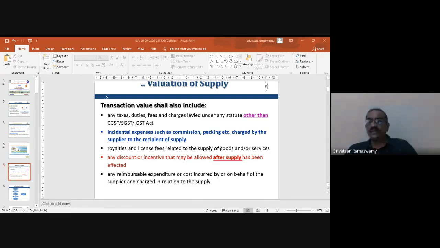Okay, the question is, does he have to pay GST on 1 lakh after supply? Yes, this is exactly what I explained in the three situations. When the amount of discount is known prior to supply, 1 lakh rupees is the cost of supply. I extend him a 10% discount before the supply is effected. In that situation, the tax will have to be paid only on 90,000 rupees, not on 1 lakh rupees, because the discount is already known.